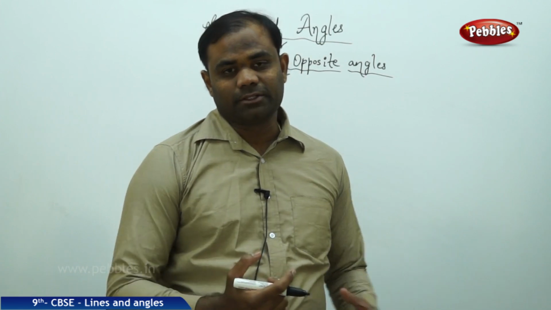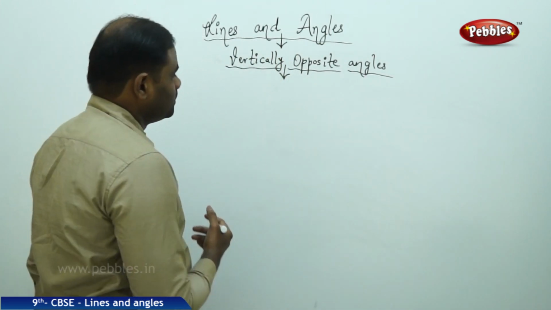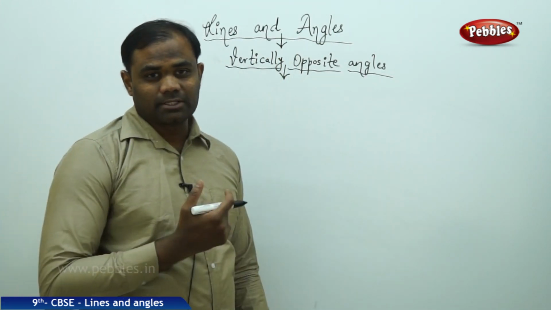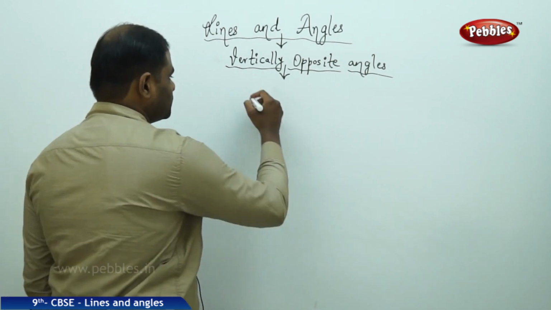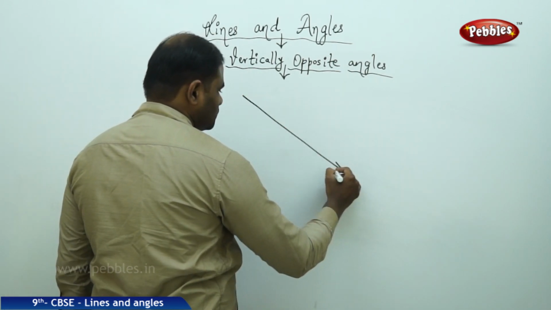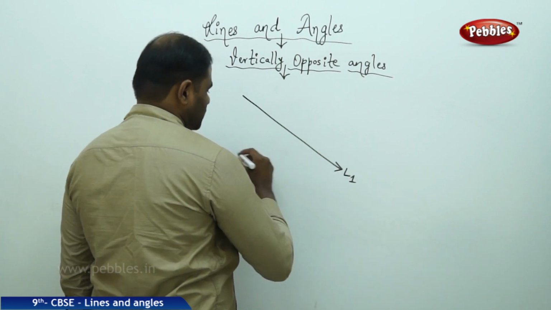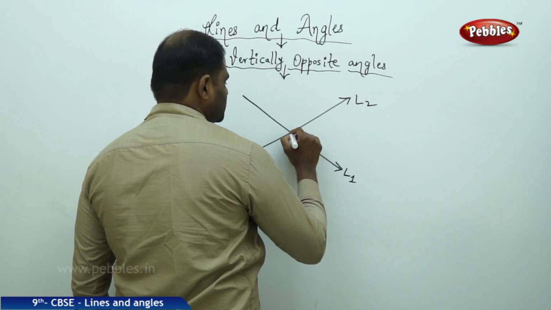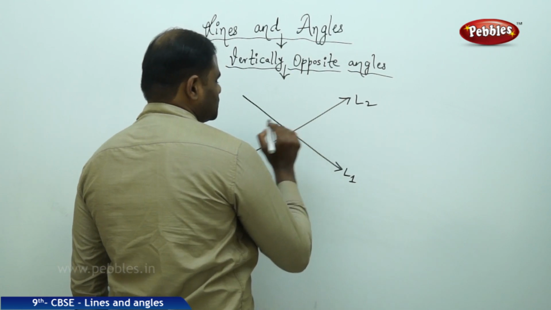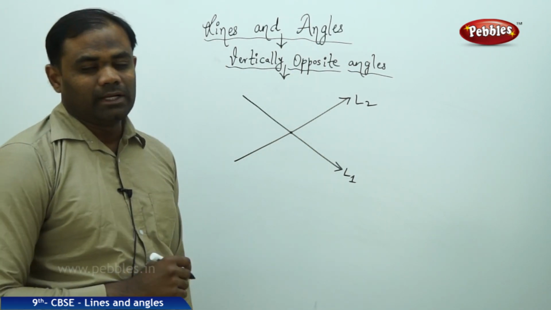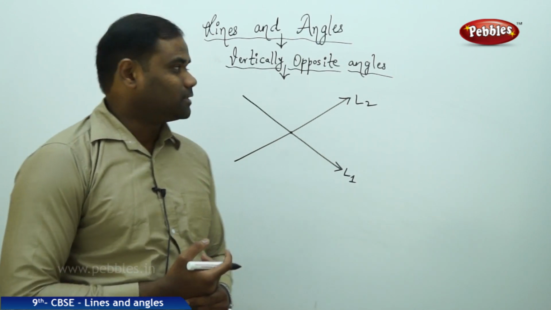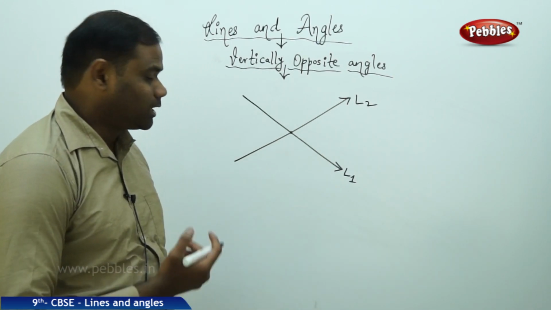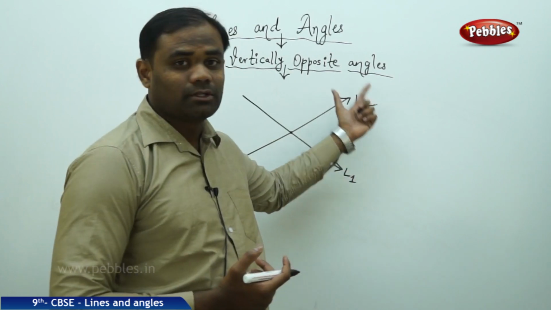Let's see the definition through the diagram. Imagine I have two lines which are intersecting in the plane. Say for example, my line L1 and my line L2 intersect at this point.